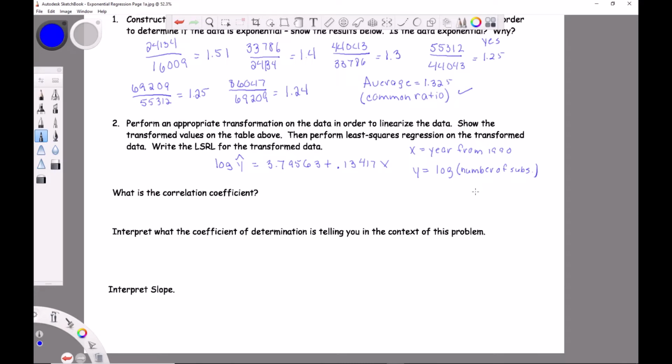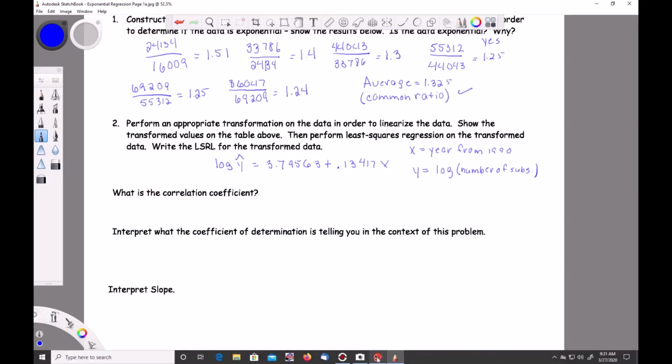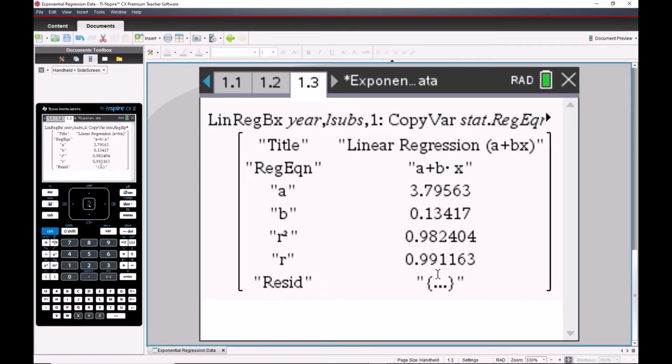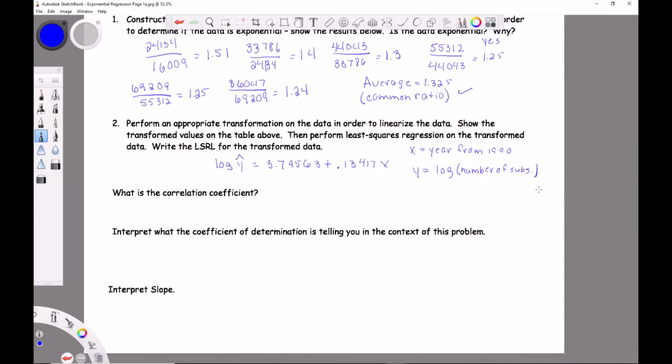The correlation coefficient, let's go back and double check. Remember, that's your R, 0.991163, so let's record that. And interpret what the coefficient of determination is telling you in the context of the problem. Let's record that first. So R squared is going to be 0.982404.